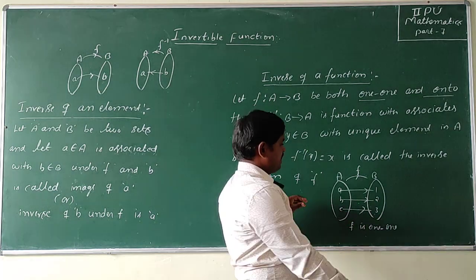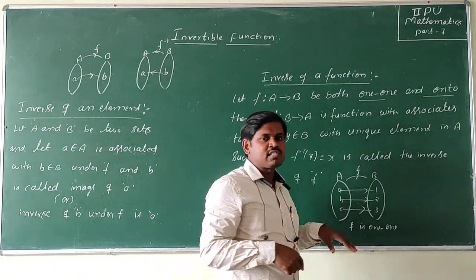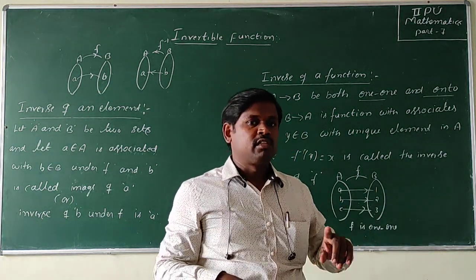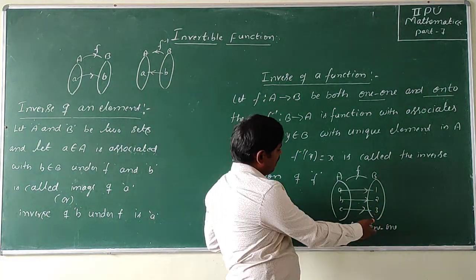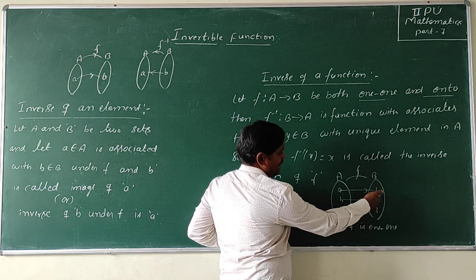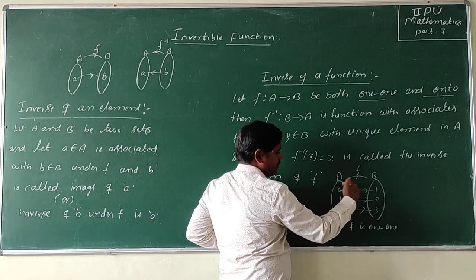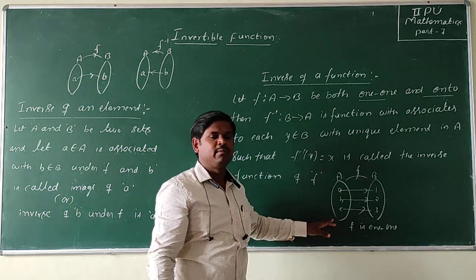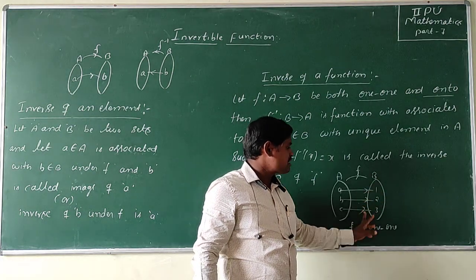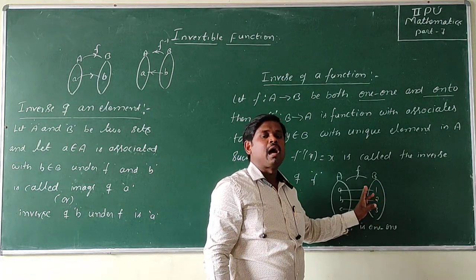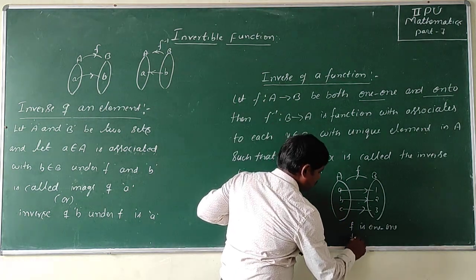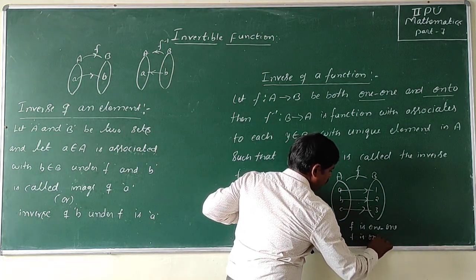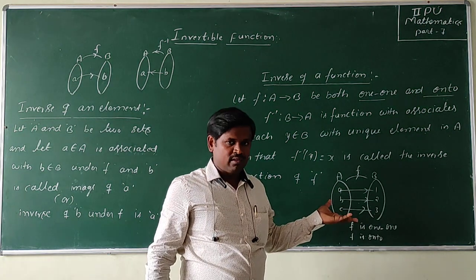Why? See here, what is the definition of an onto function? Onto means every element in B has a pre-image in A: 1 has a pre-image in A, 2 has a pre-image, and 3 has a pre-image. So every element of B has a pre-image in A. Therefore f is onto, that means it is both one-one and onto.